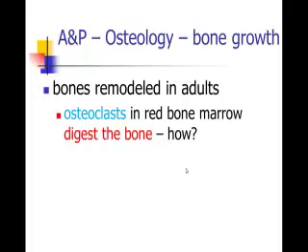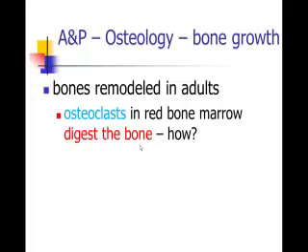Okay. The osteoclasts are going to be in red bone marrow, and they have the ability to digest the bone. Remember, osteoclasts are also associated with endosteum. So the obvious question is, if you've got this calcium phosphate matrix, and it's hard, it's a mineral, how in the world do these osteoclasts make it go away?